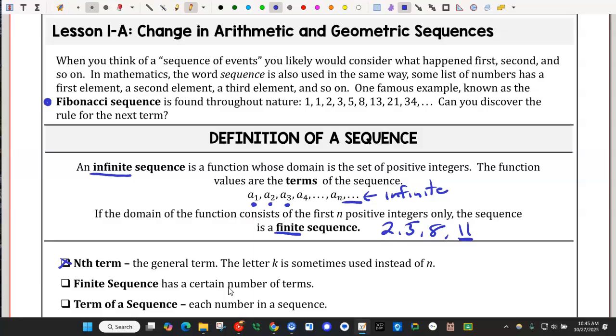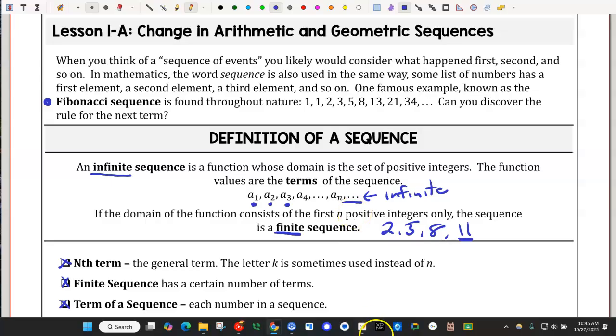So if they say nth term, they're talking about what number term we are looking for. Sometimes you use k as well, but often it's just going to be n. And we already talked about finite and the term for a sequence. That just means we could find the 7th term, the 20th term, the 200th term, and there are formulas for all this. So nothing to really think about or worry about.